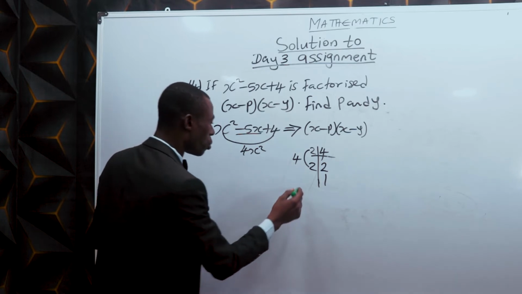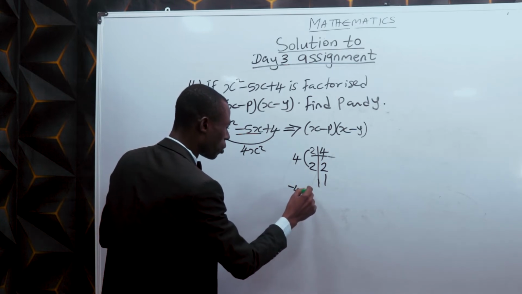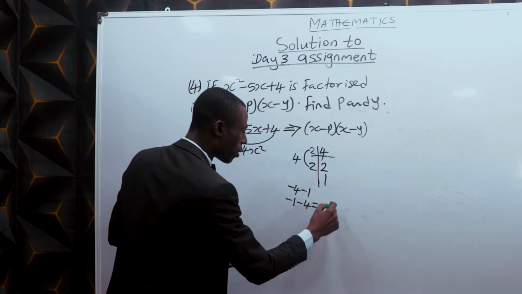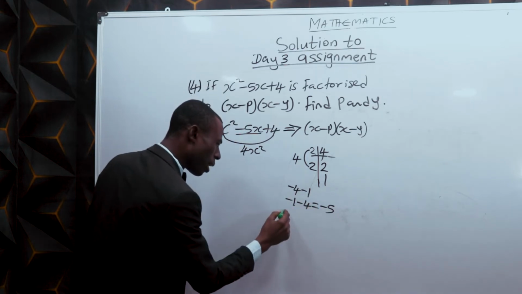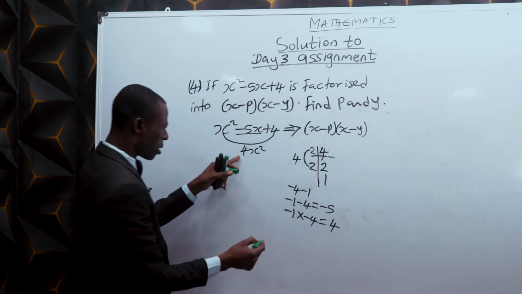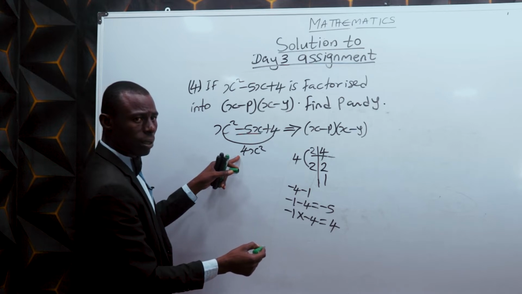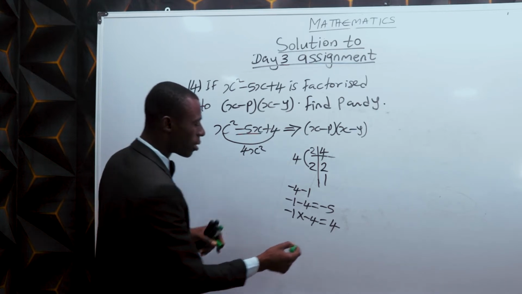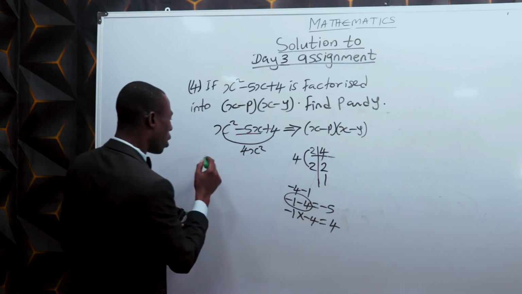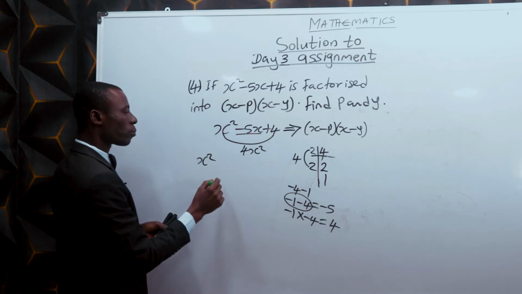Yes, it is possible by using minus 4 minus 1 or minus 1 minus 4, either of the two, which gives us minus 5. Now let's test whether minus 1 times minus 4 gives us positive 4, which it is. It gives us positive 4, the coefficient of this. So that means these two factors, they are viable.